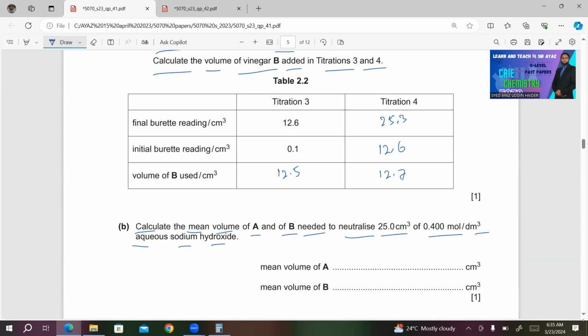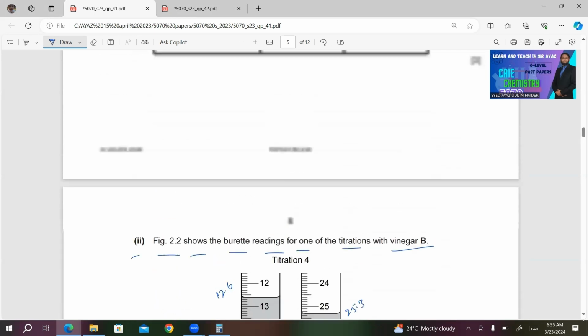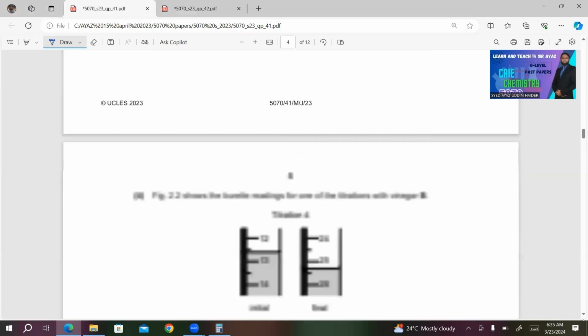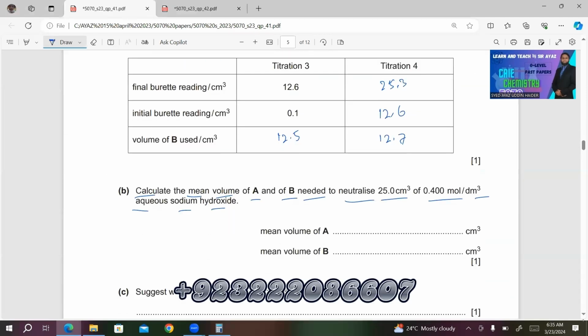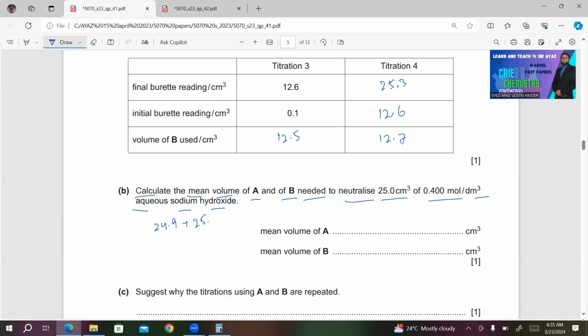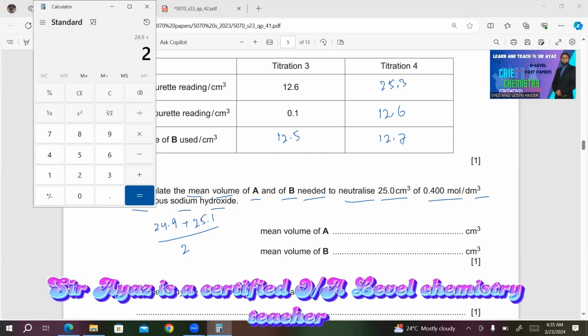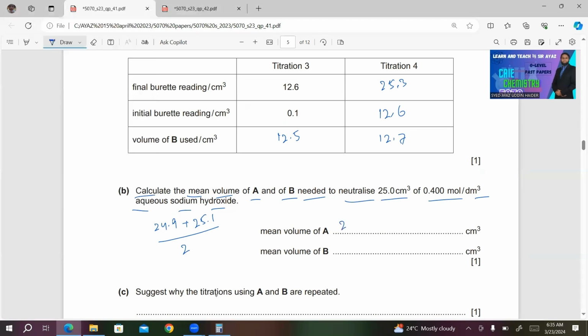Mean volume of A. So we have 24.9 and 25.1. 24.9 plus 25.1, and in order to get the mean, we divide it by 2. 24.9 plus 25.1 divided by 2 will get 25.